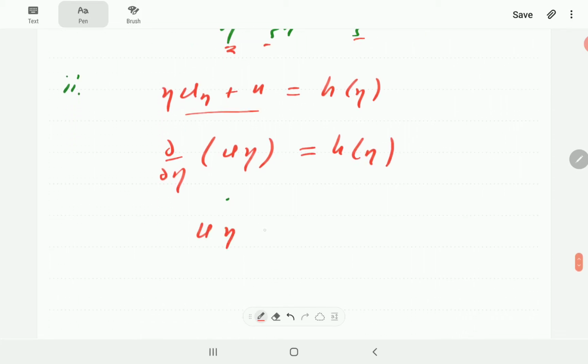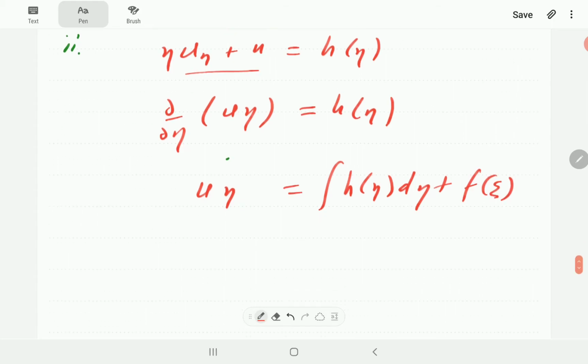So that means u times eta equals integral of h with respect to eta, and then there's going to be a function of xi.